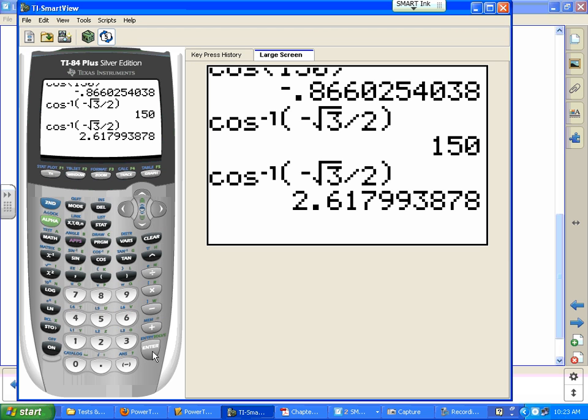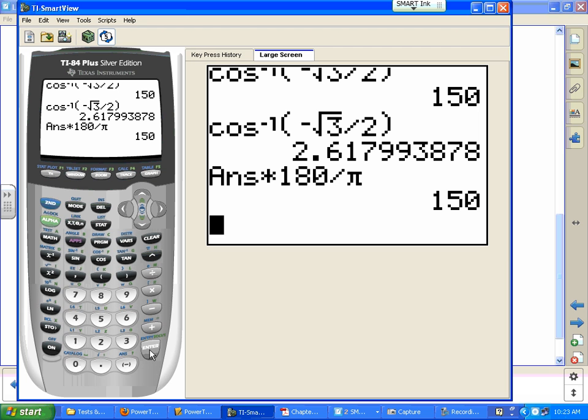But what did we learn yesterday? We learned how to convert from radians to degrees. If I do times 180 divided by pi, that answer I just got was 150 degrees, the same spot.